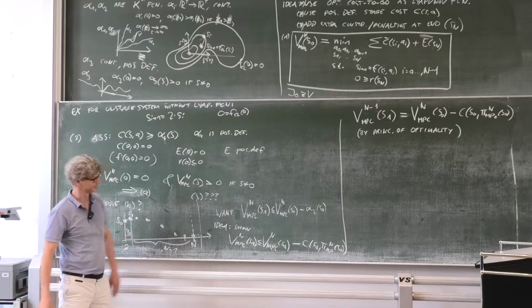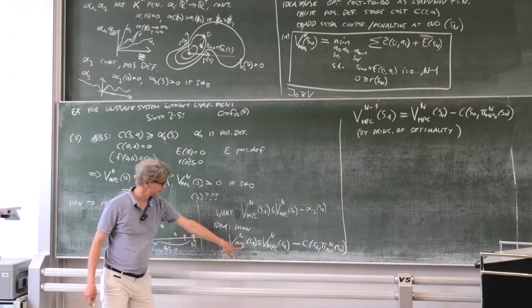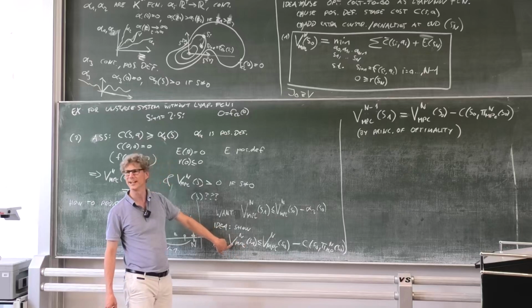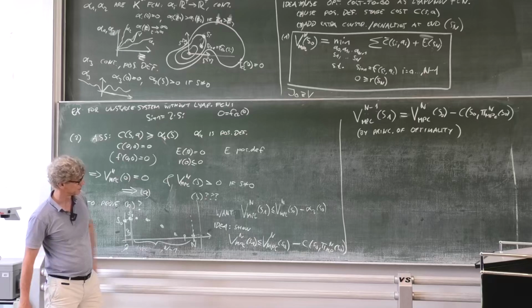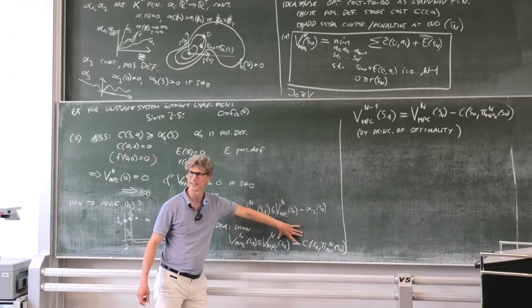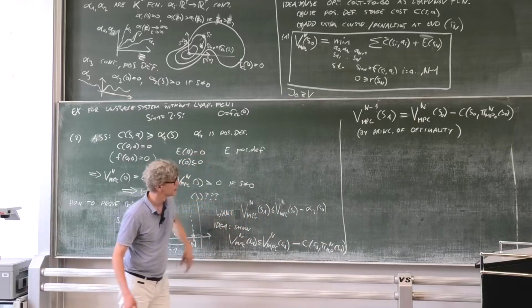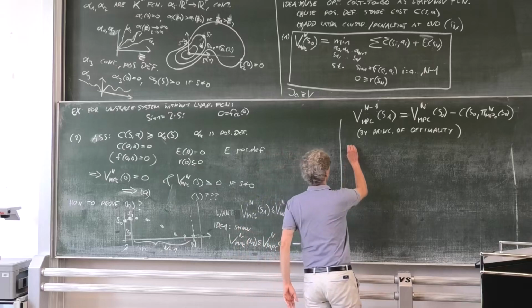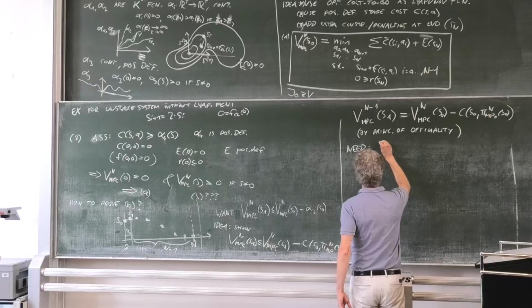So now, okay. We have here Vn and we have Vn minus 1. So if we want to show that this is smaller than this on the left side, the only thing that we still need to show is what we need in order to get a Lyapunov function is then this.